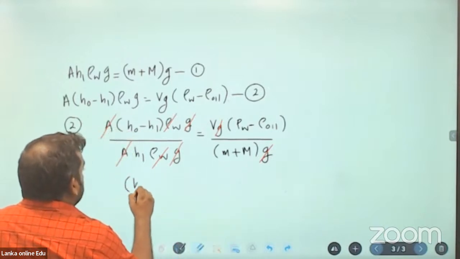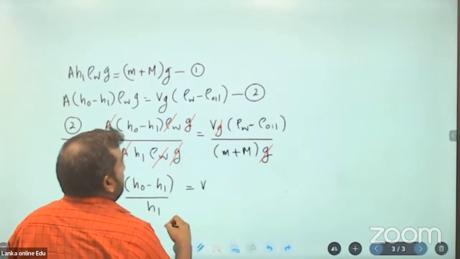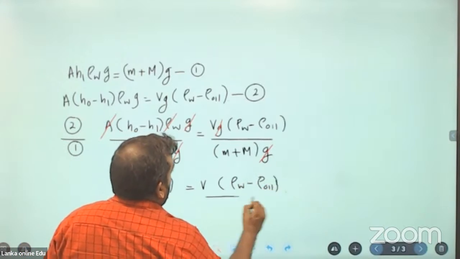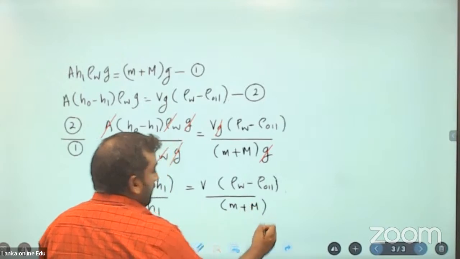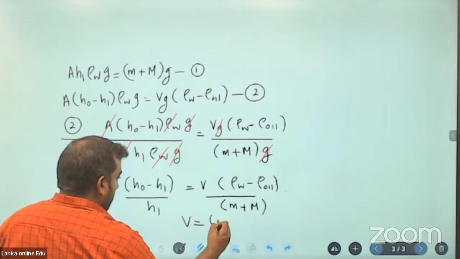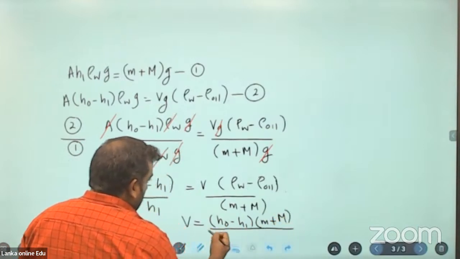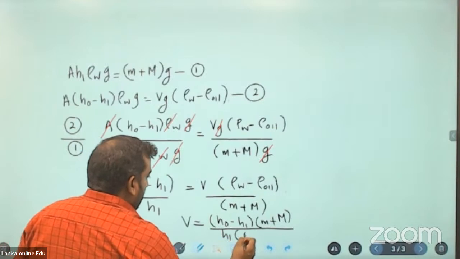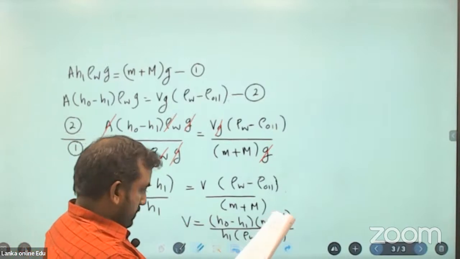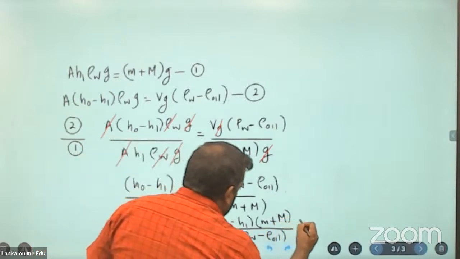From this I can get a relationship: (h0 minus h1) over h1 equals V (rho_w minus rho_oil) over (m plus M). From this, I can make V the subject, cross multiply: V equals (h0 minus h1)(m plus M) divided by h1 (rho_w minus rho_oil). Looks okay for now.